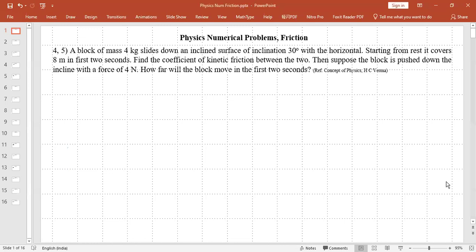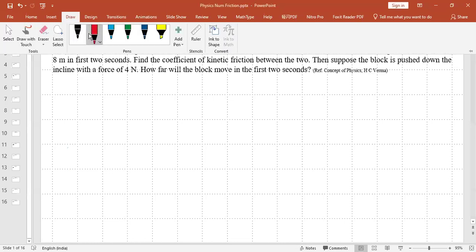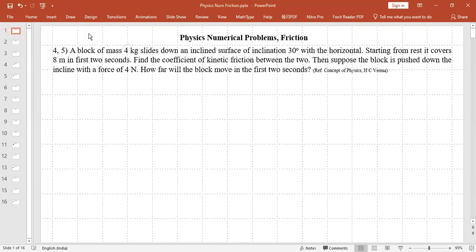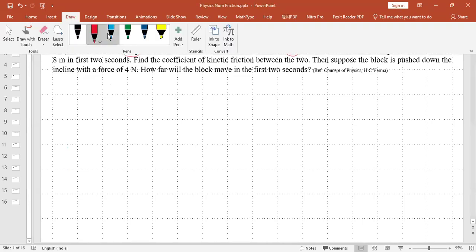The friction chapter. Let us first take this problem, which is actually number 4 and 5 in your textbook. It says that a block of mass 4 kg slides down an inclined plane of 30 degrees. So to start with, let us draw this diagram.